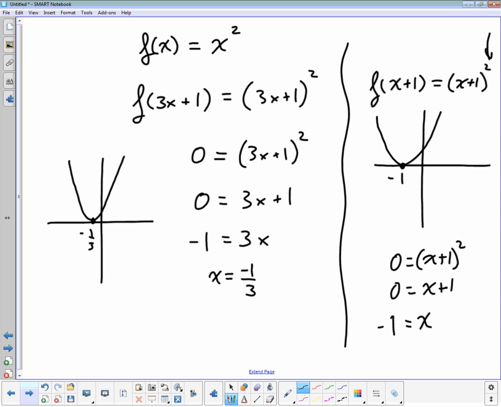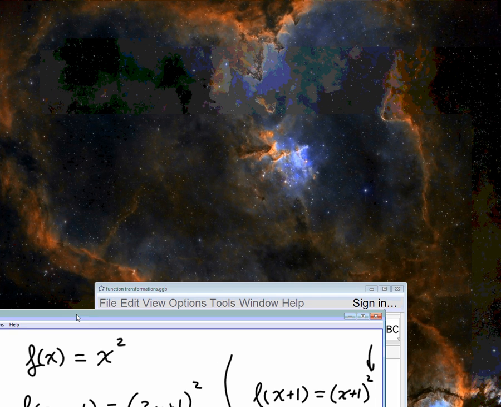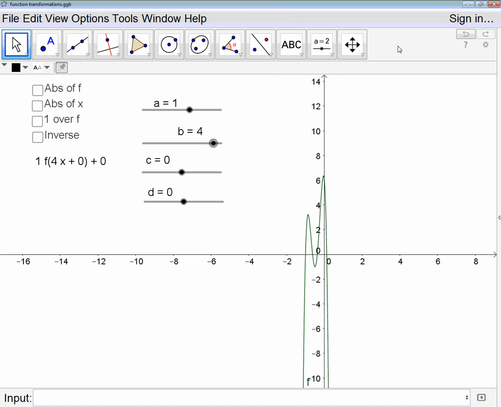All right. So when you're dealing with a constant inside the function, it changes the roots because it pulls it in and changes it that way. The effects might look the same, but you can definitely tell by looking at the roots. Okay.